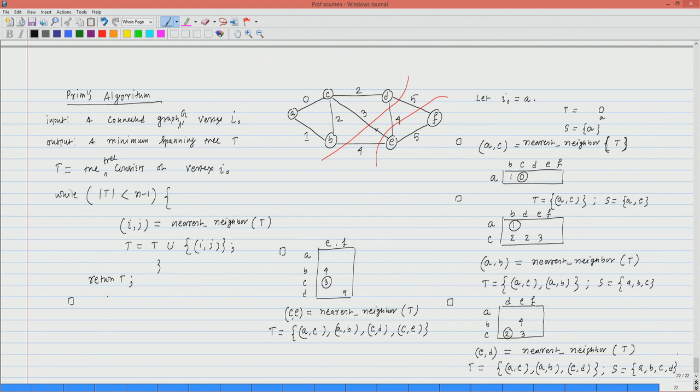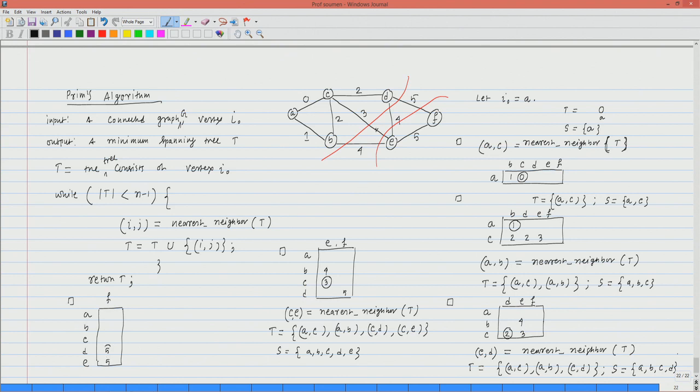The table for this one is that, so now S consists of everything like A, B, C, D and E, and S complement is F. So, we construct this table again. On this side you have A, B, C, D, E, and you can check that this quantity is 5 and this is 5.